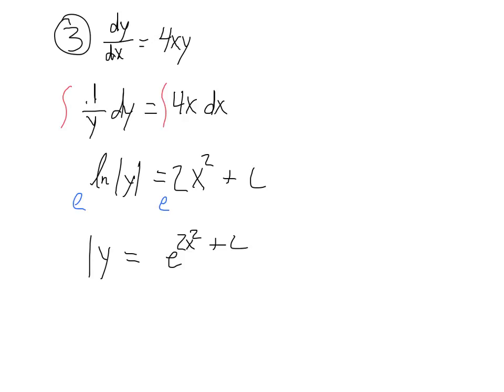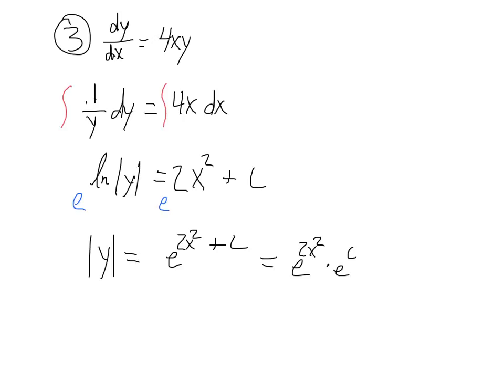And I know we still have these absolute value symbols here. I'm just explaining this in an informal way. If we think through our power rules a little bit, instead of adding these separate powers, I could write them as e to the 2x squared times e to the c.